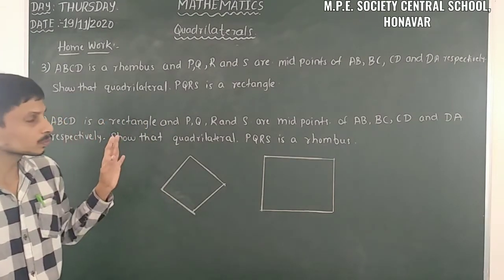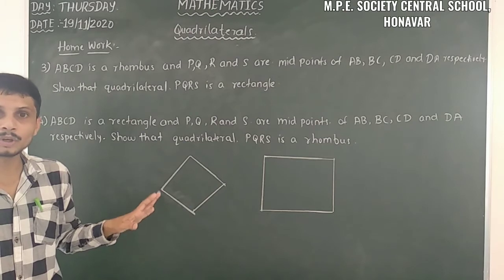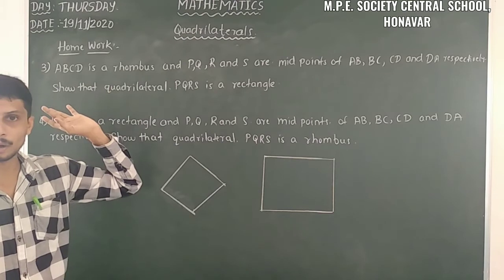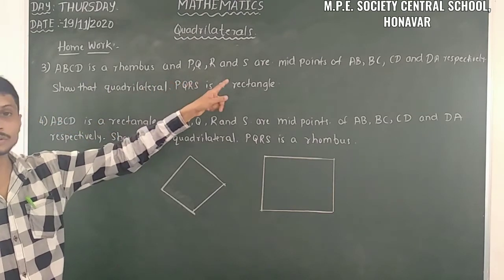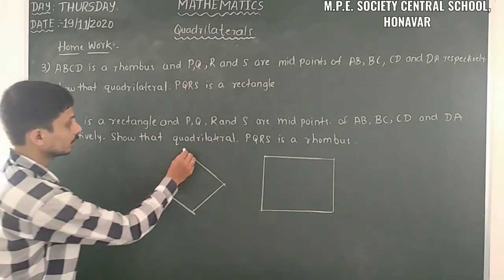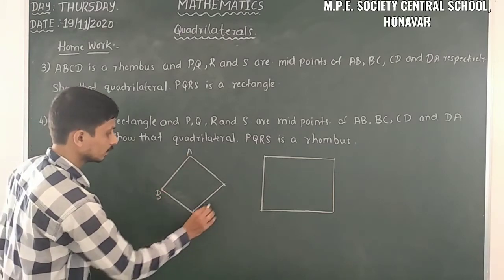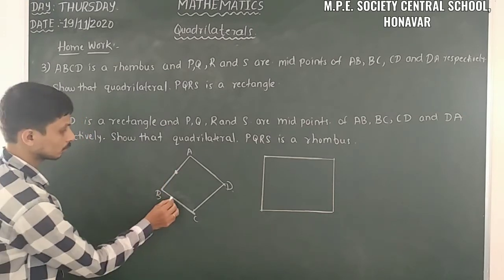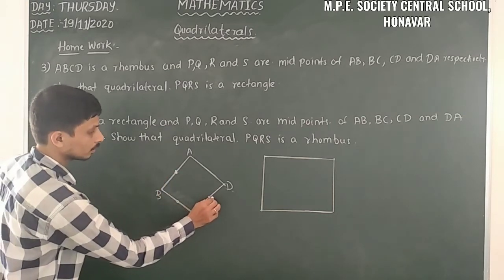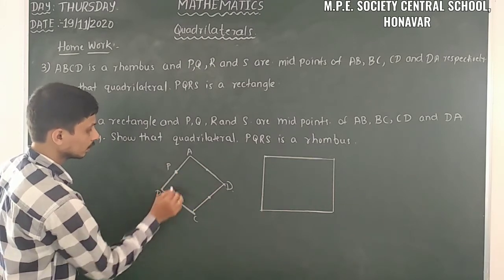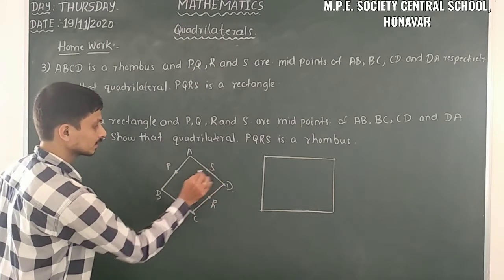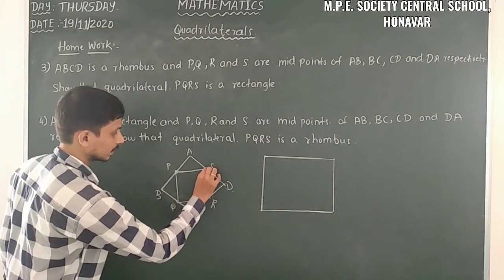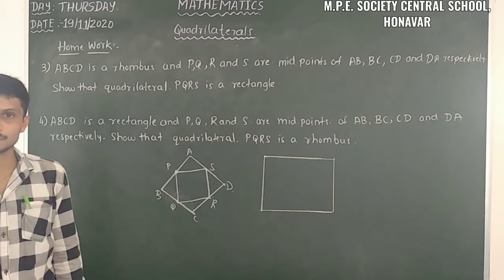Like that. Here just observe, firstly we have to draw a rhombus, and then we have to find out the midpoints. When we take ABCD here, we have to take P, Q, R and S. Then we have to join the sides like this.